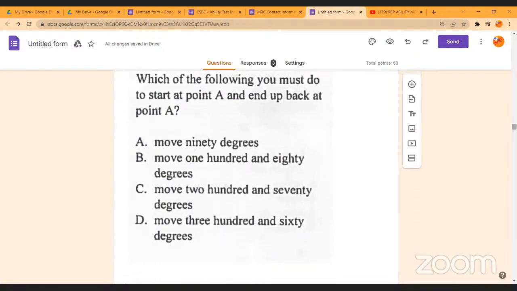All right, let's go with number 19. Which of the following you must do to start at point A and end up back at point A? Miss, I'm going to write it out. Okay, honey.